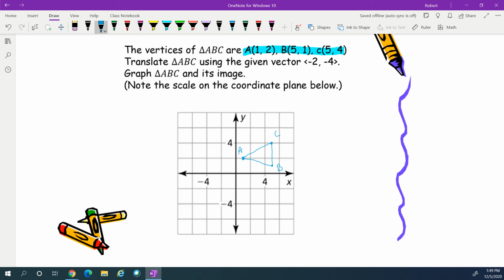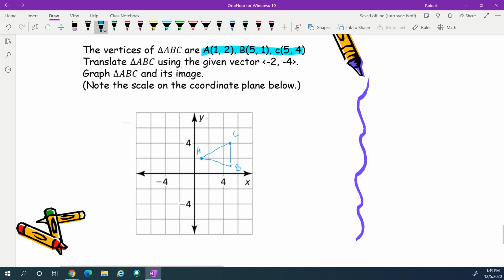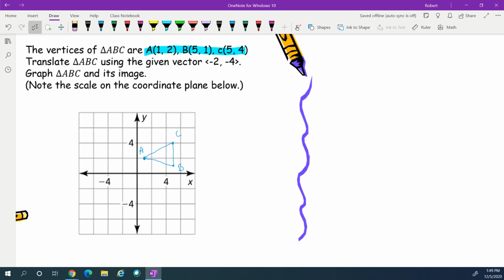Now we're going to apply the vector. So let me just move over here. I'll write out the math for it, and then we'll do it. A is at 1, 2. B is at 5, 1. And C is at 5, 4.